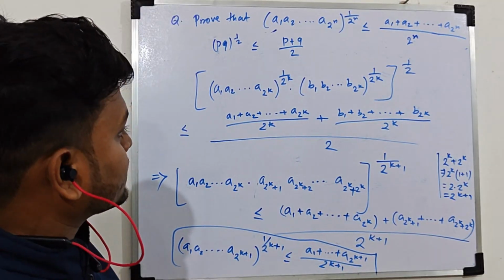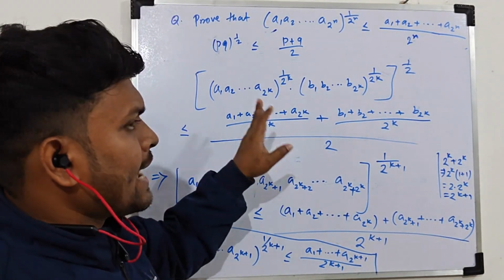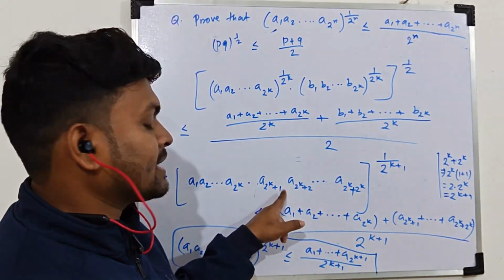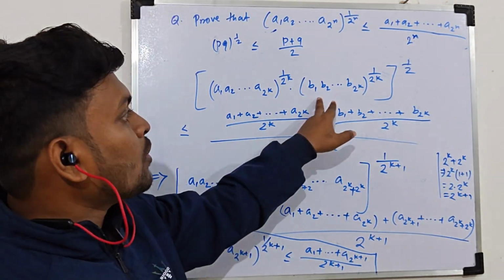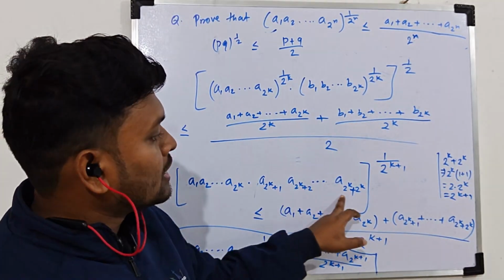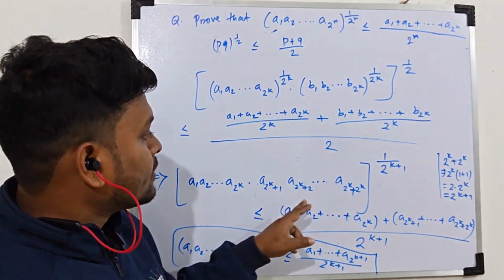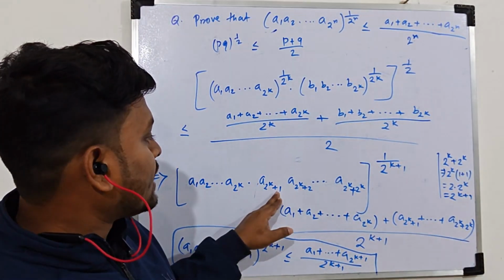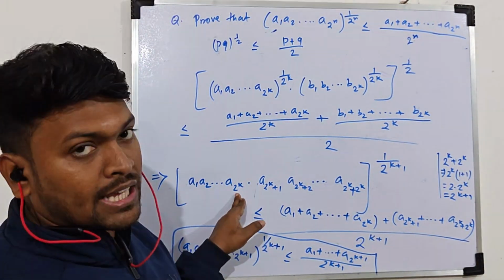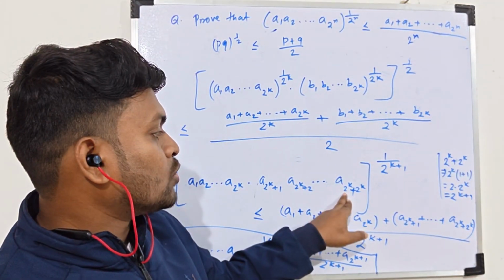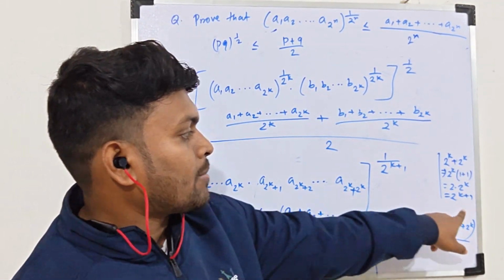Okay? So here we consider b_i as a_{2^k+i}. So in the place of b1, b2 up to b_{2^k} we put in the form of a on both sides. So as this is the number just after 2^k, similarly this is up to 2^k plus 2^k, that is 2^(k+1).